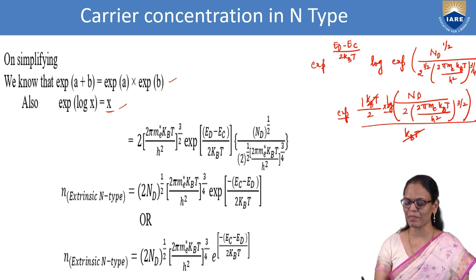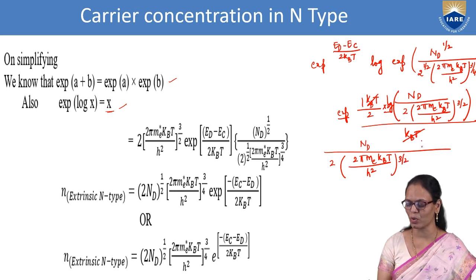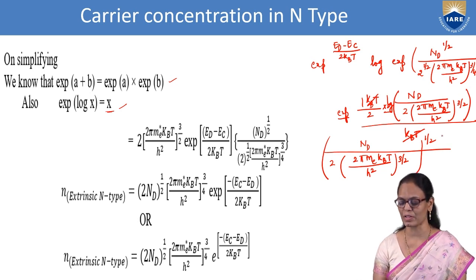So we will get Nd power half if I am having Nd by 2 into (2π me kBT/h²) power 3/2. The whole thing we are getting half, because we are removing the log, because exponential of log x is giving us x. But this power for log can go to a power, log of a^m will be m log a. So we have written it as power. So now Nd power half we get, 2 power half we get, and (2π me kBT/h²) power 3/2 into 1/2. So we'll get 3/4.